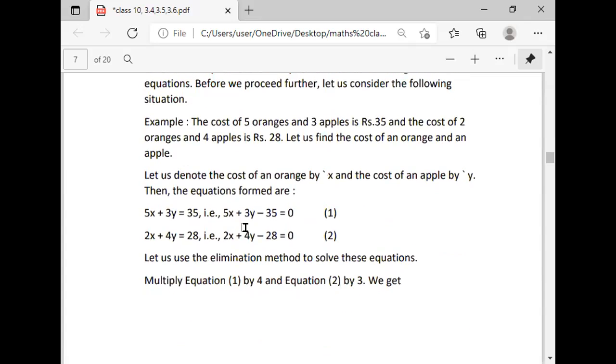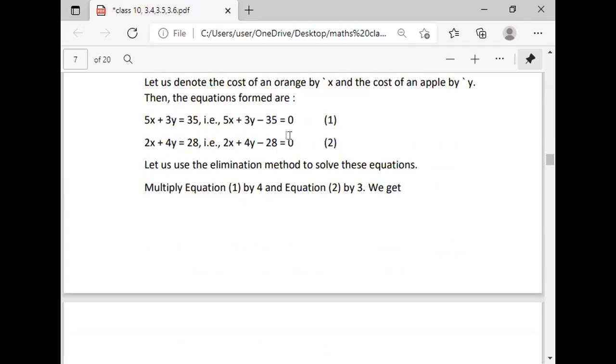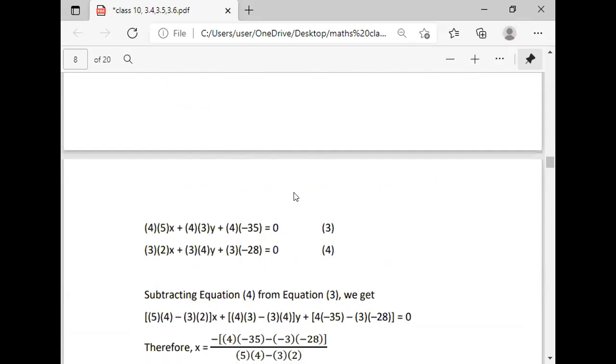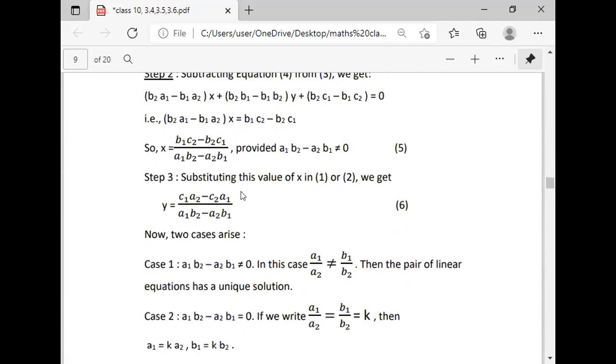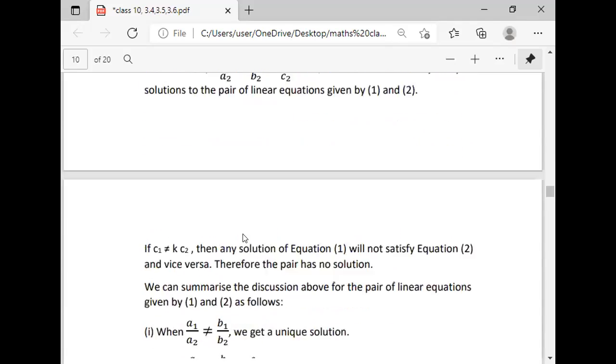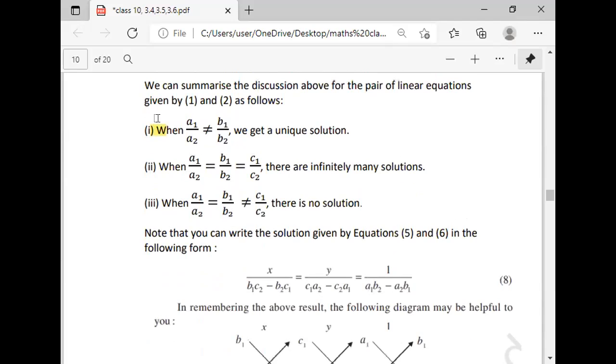One peculiarity of using this cross multiplication method is that you have to bring the constant from the RHS to the LHS. That is the first step. And then we cross multiply. If the coefficient ratios a1 by a2 is not equal to b1 by b2, we will get a unique solution.